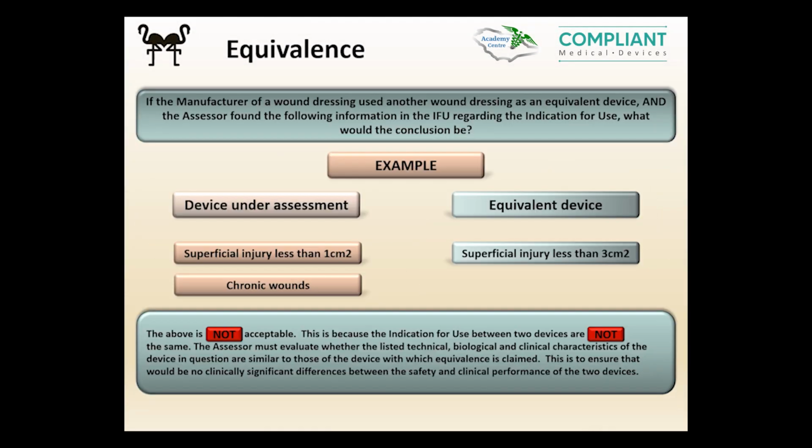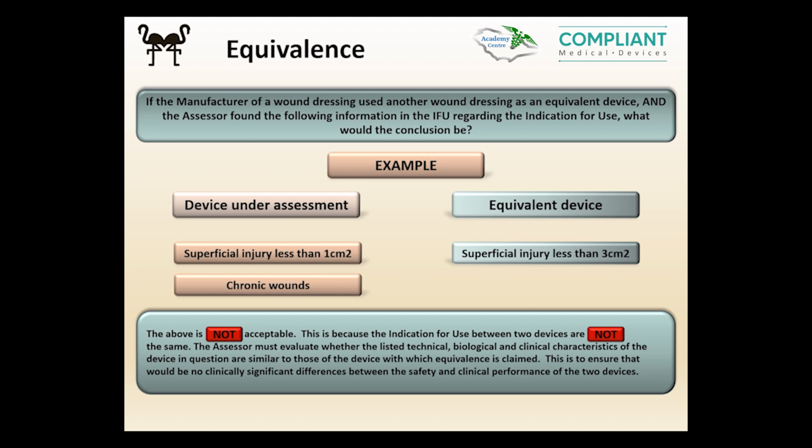Let's explore equivalence by taking an example of a very simple device, a wound dressing. If the manufacturer uses another wound dressing as an equivalent device, then, as per paragraph 3 of Annex 14 of the MDR, the two devices must be the same in terms of their clinical, technical, and biological characteristics.